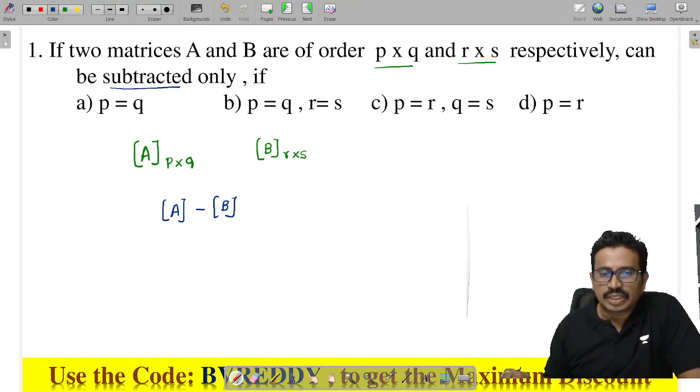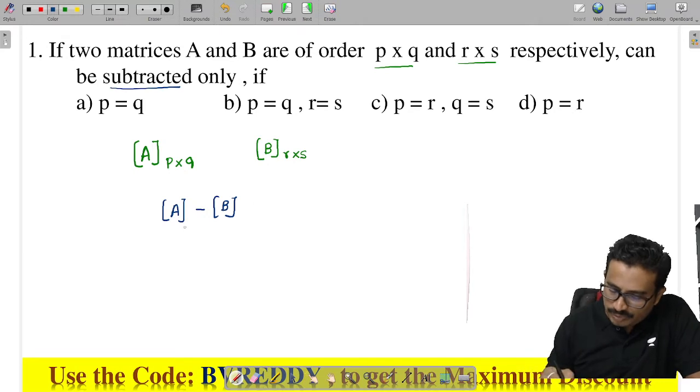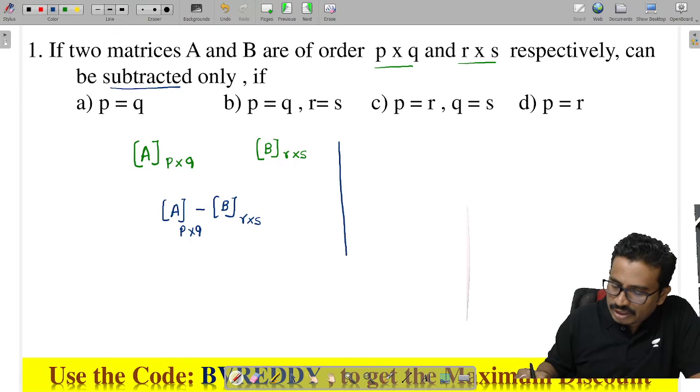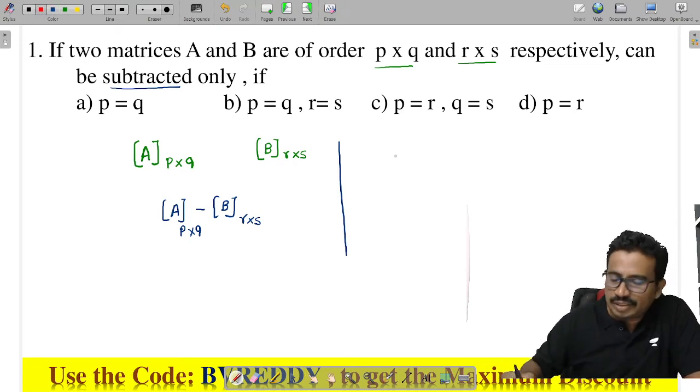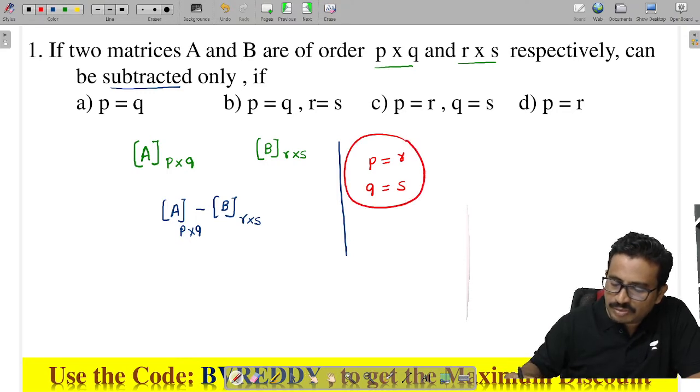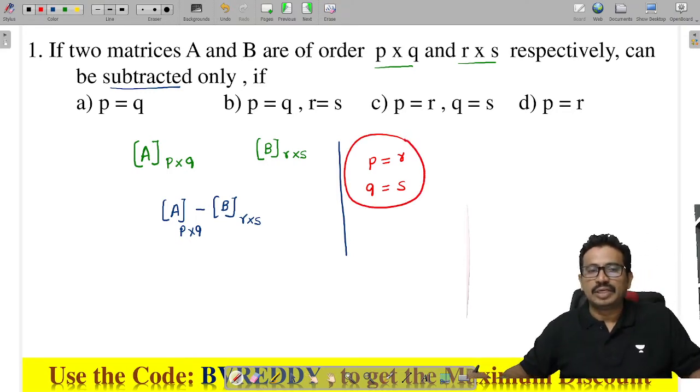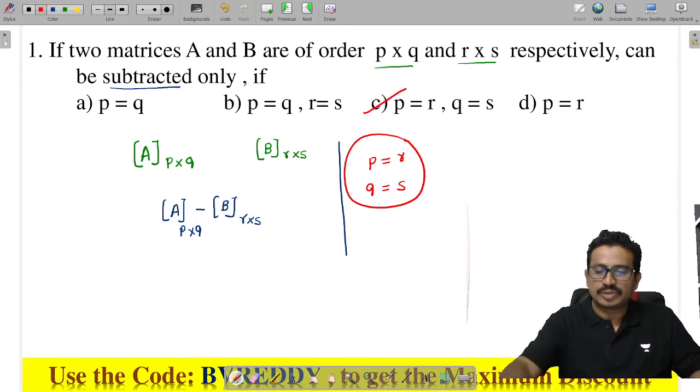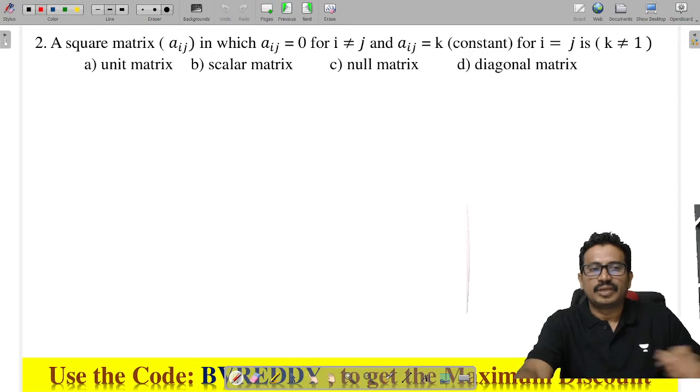Here the order of A is P cross Q and the order of B is R cross S. So what is the condition for the subtraction to be valid? It is possible provided P equals R and Q equals S. This condition must be satisfied, then only addition or subtraction can take place. So option C.